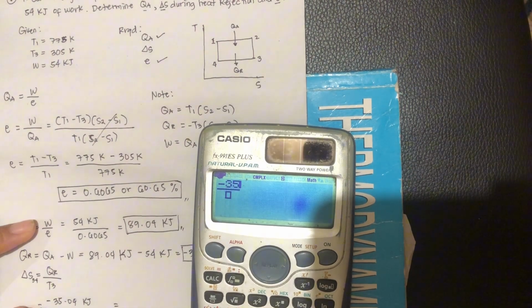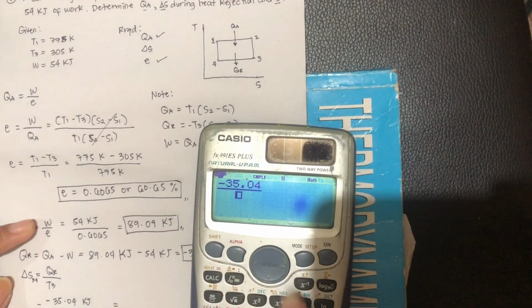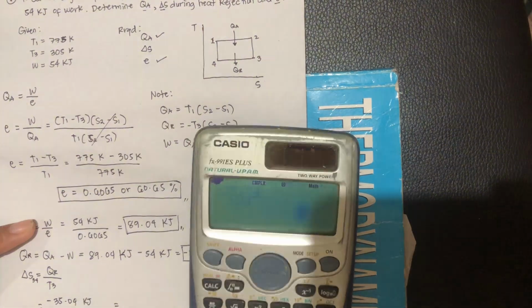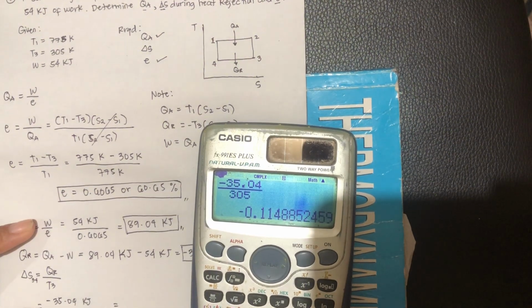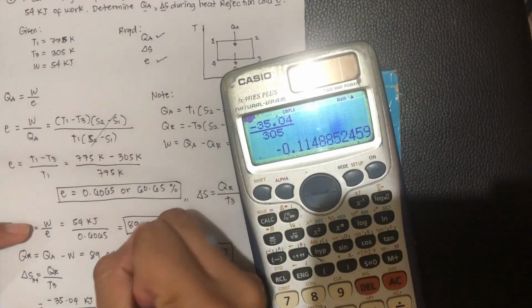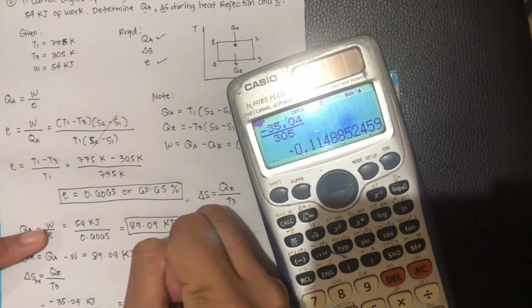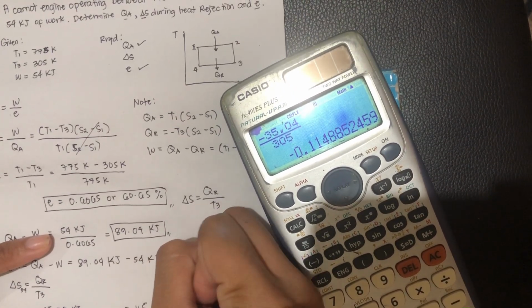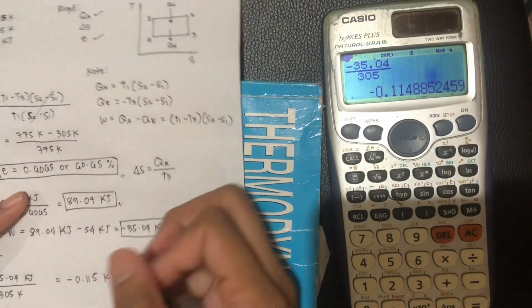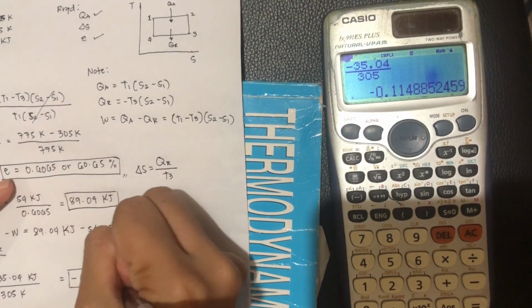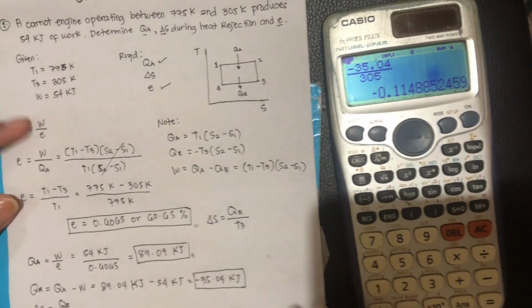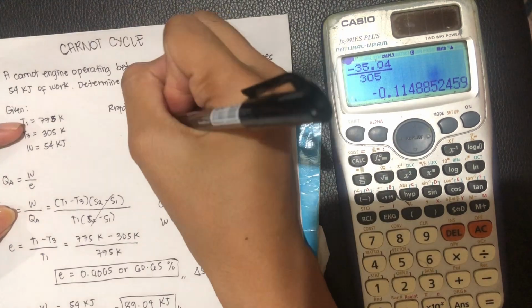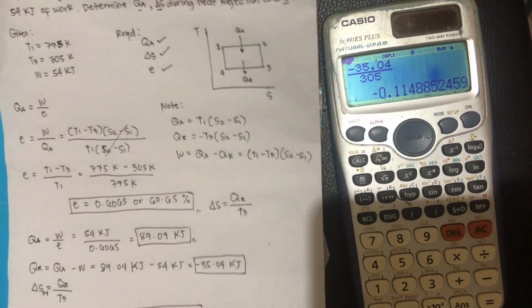Negative 35.04 over 305 gives an answer of negative 0.115 kilojoules per Kelvin. So that is our change in entropy during heat rejection.